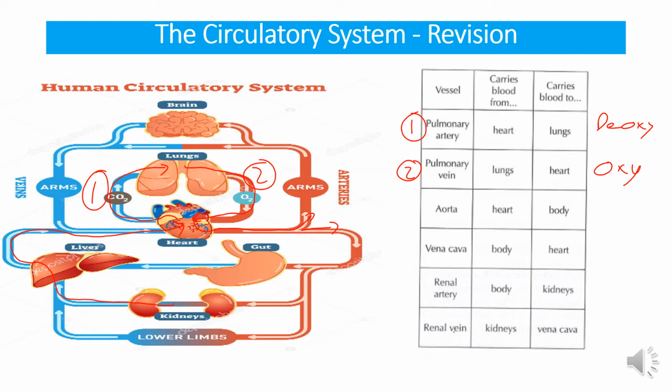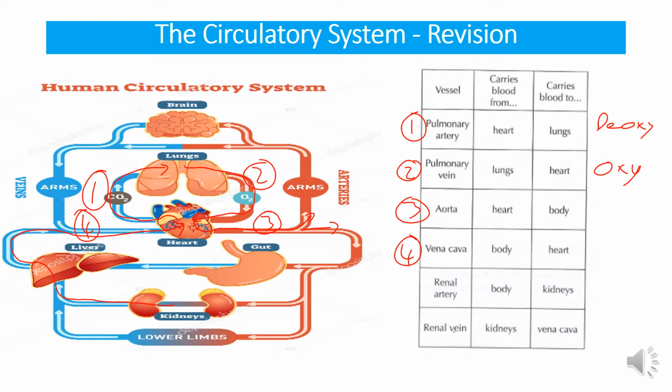The main artery leaving the heart is the aorta. This diagram here shows the aorta splitting up to go up and down the body, and it carries the blood from the heart to all parts of the body, and obviously it gets shorter and splits into different vessels as you go from it. The main vein coming back to the heart is the vena cava, and it's split, as you'll see in a later lesson, into the superior vena cava and the inferior vena cava, so into two parts.